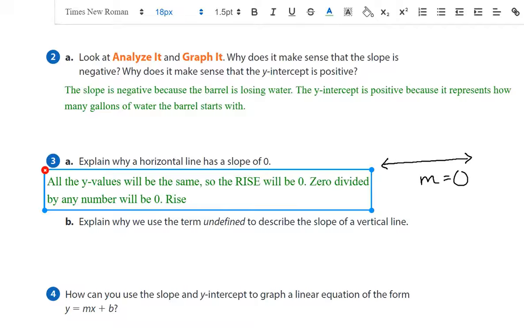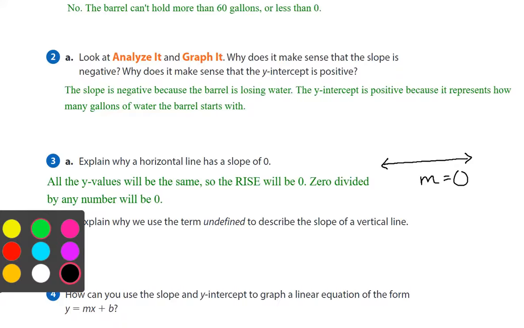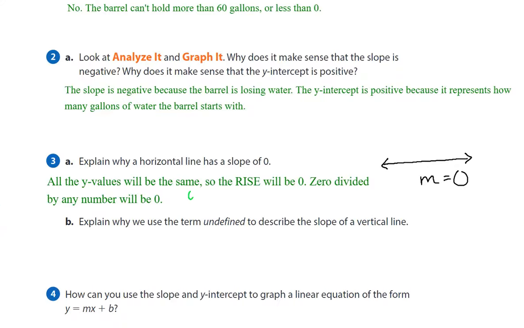Let's do an example. I'll put an example right here. So if the rise is 0, you can put the run anywhere, because you could pick any of these points. So if the run is 6, 0 divided by 6 is still 0, so m is 0.